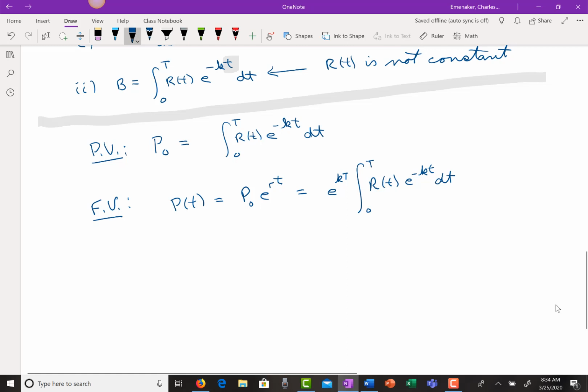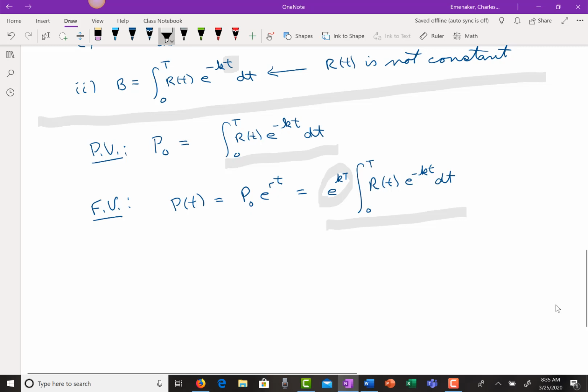Notice there is a great deal of similarity between this and this. In fact, the whole integral is the same. The only difference is this e to the kT is a coefficient out front.